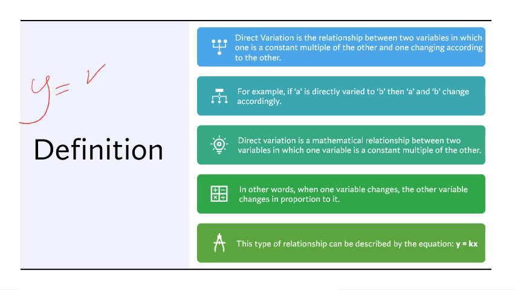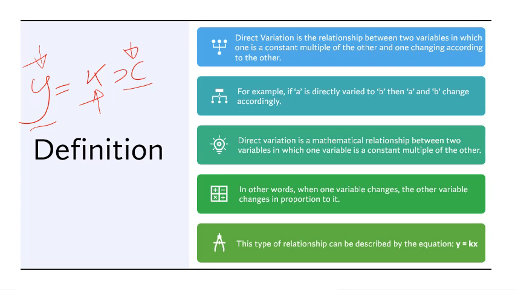Y is equal to kx. Okay, so y and x can be any variable. You can use any letter, that is. So y and x in this scenario are variables related to each other. But this k is our constant, and this k is the one describing the relationship that is there.